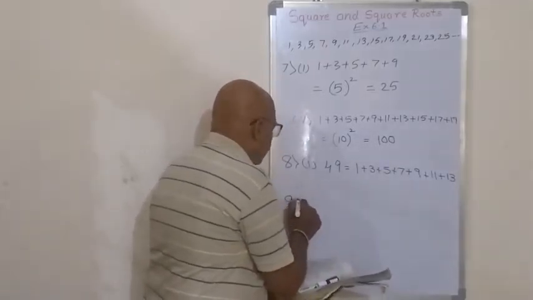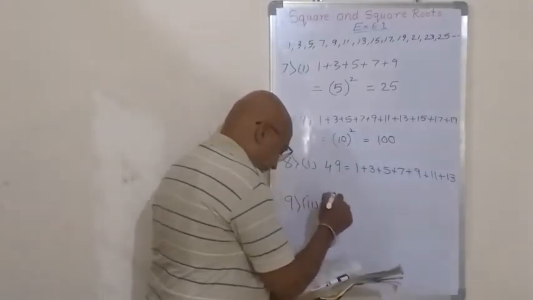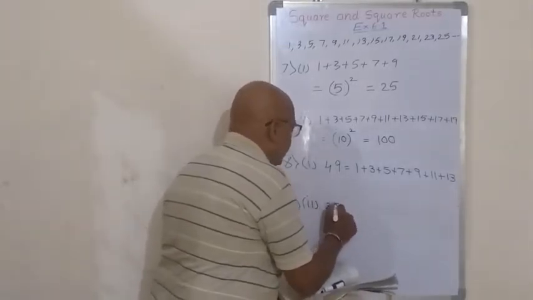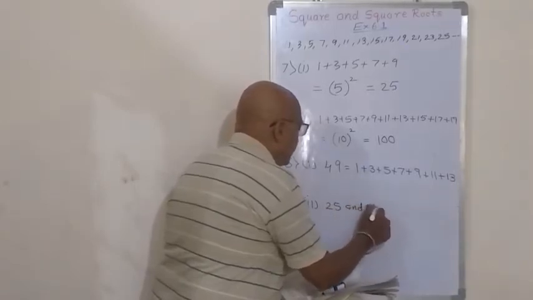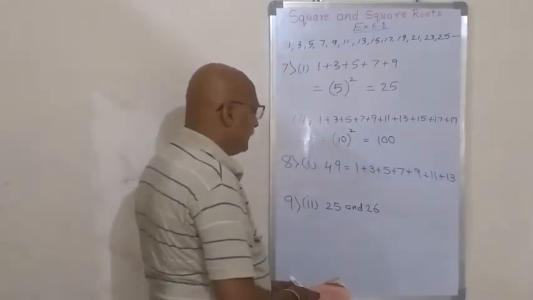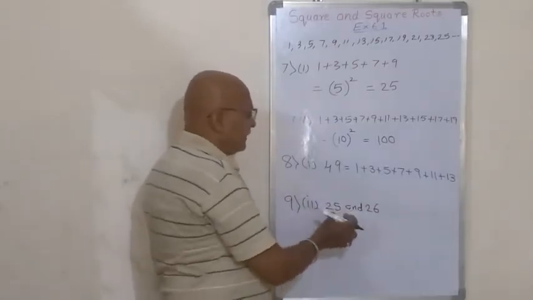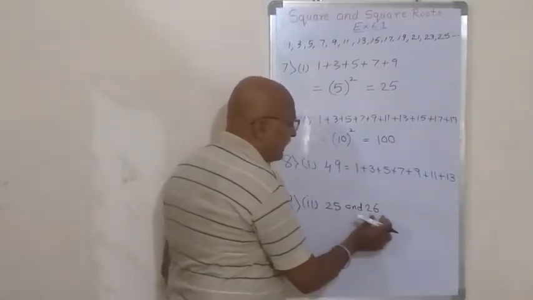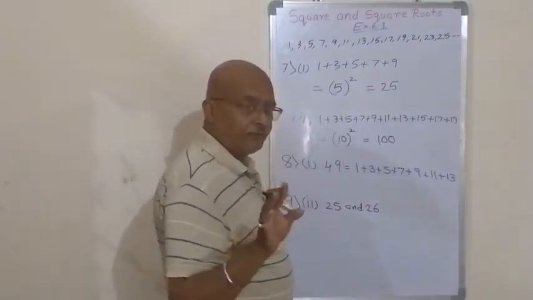The two given numbers are 25 and 26. What you have to find here is how many numbers lie between the square of 25 and the square of 26 without solving.